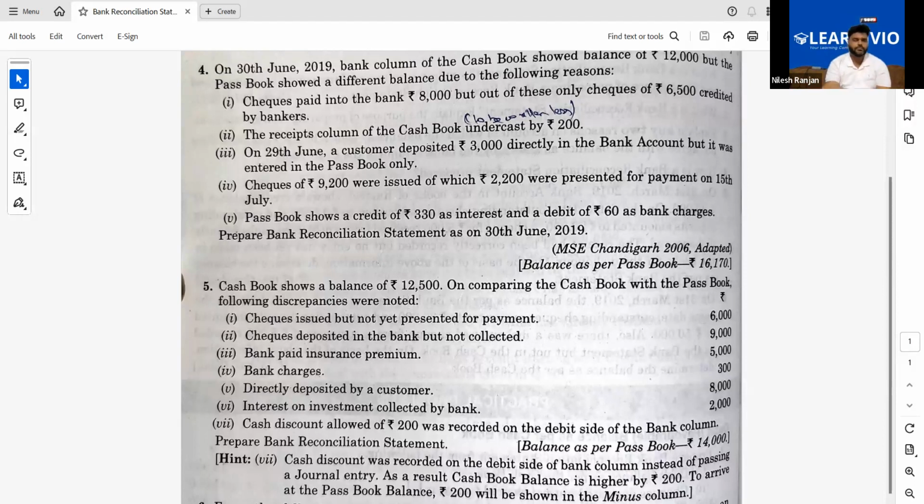So in this they didn't mention if we are using cash book or passbook. Yes, it is mentioned. So it's cash book, it is written here.